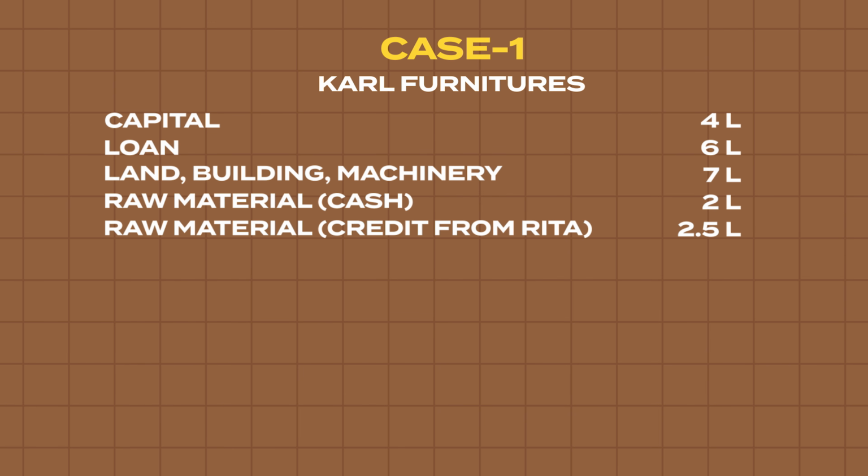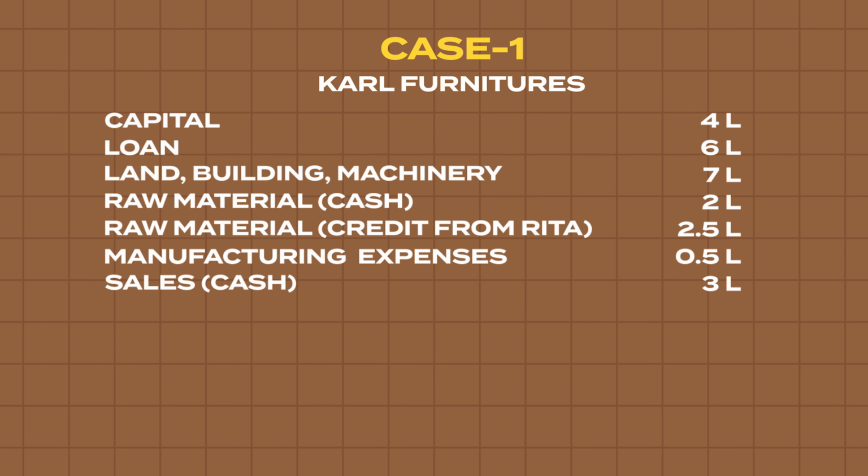Then they spent 50,000 on manufacturing expenses. Then when the product was ready, they sold their goods for about 300,000 against cash, and they sold another 450,000 to a customer called Neil, who said, I'll pay you a month, 2 months later.